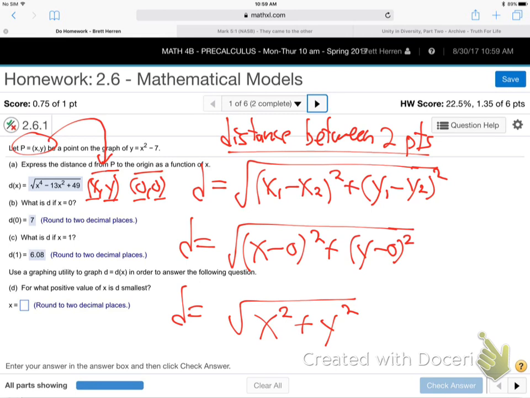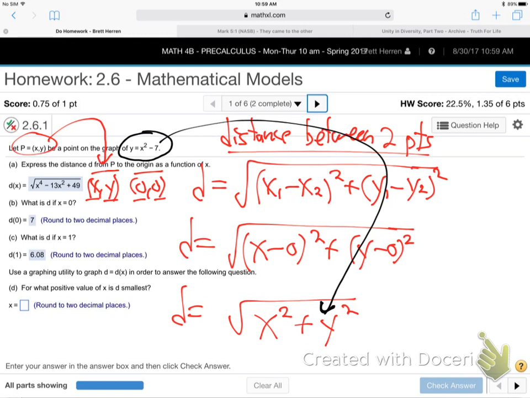Good so far? But one more thing, they want us to get that distance formula in terms of only one letter. They don't like the fact that we have x and y. We don't like it either. Can't put it in our graphing calculator that way. So what can we do? We can come back up here and plug that in for y. See what we're going to do?